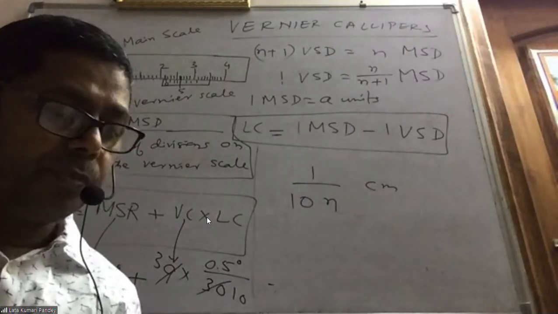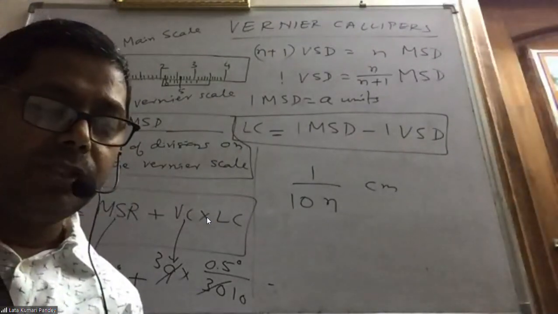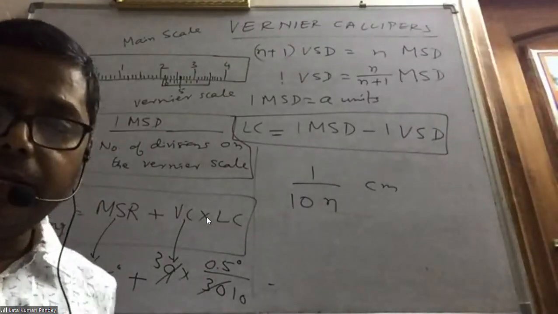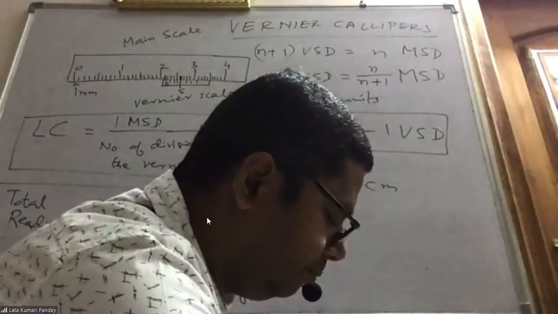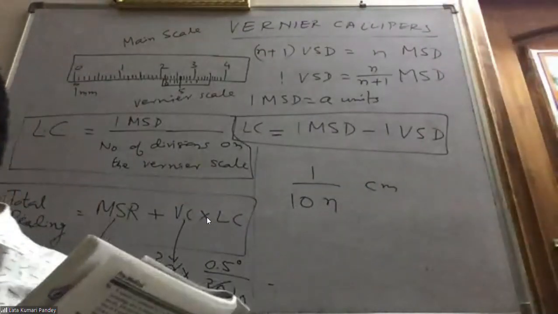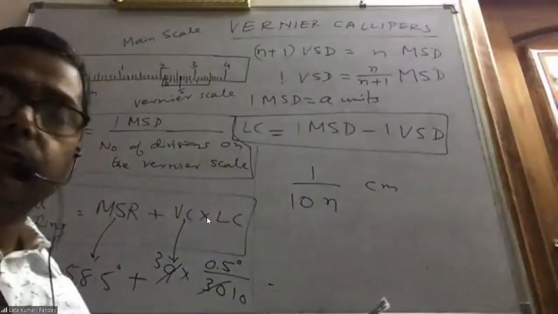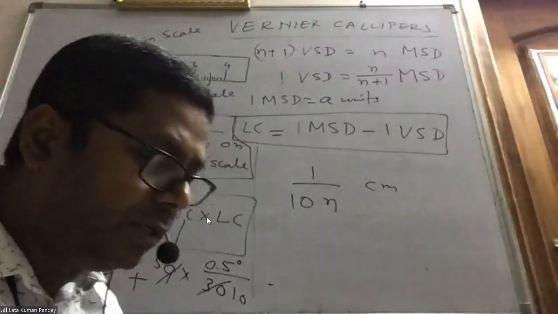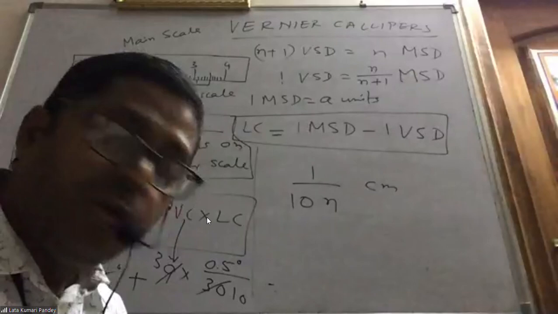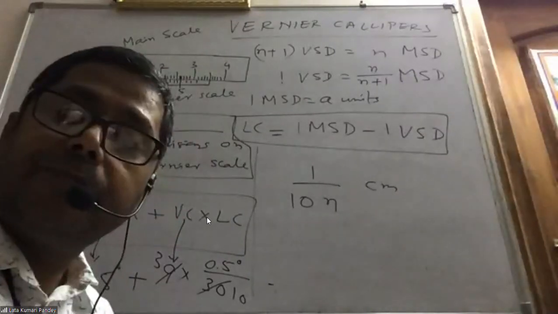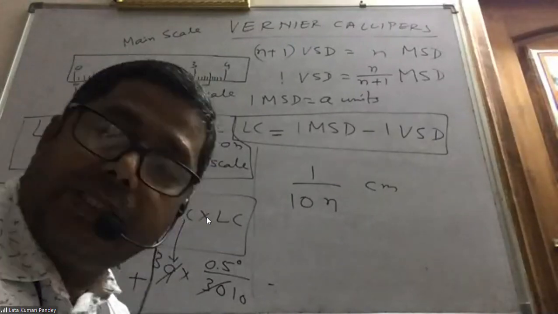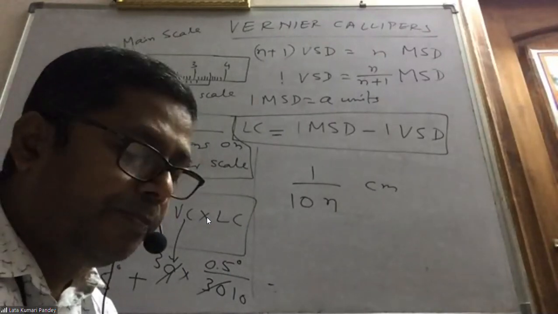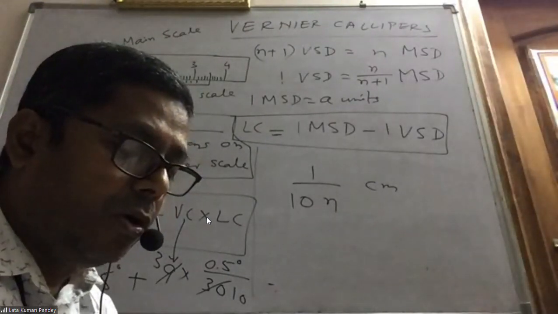See the question. A vernier calipers has 20 divisions on the vernier scale, which coincide with 19 divisions on the main scale.